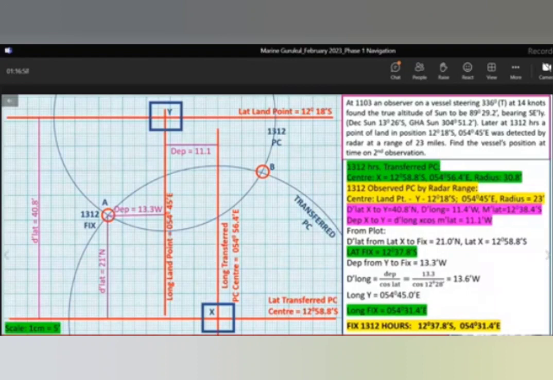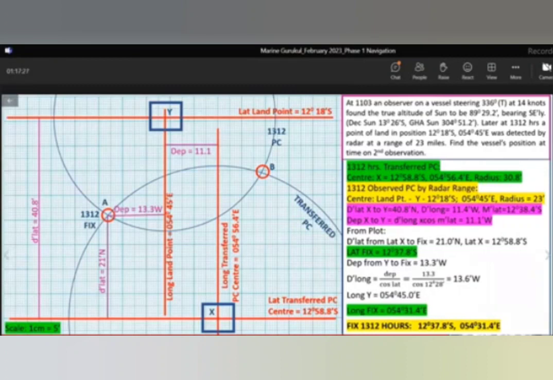From there, we can run the course, which is 336 in this case, and from the initial GP of the sun we draw the run, 23 miles, as a circle around the position circle, and wherever the course cuts it, that will be the position.